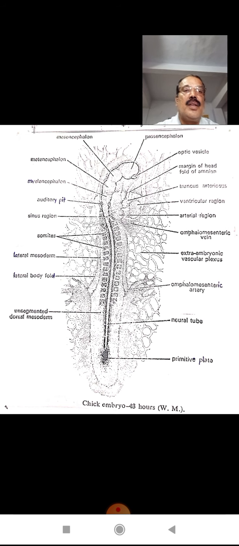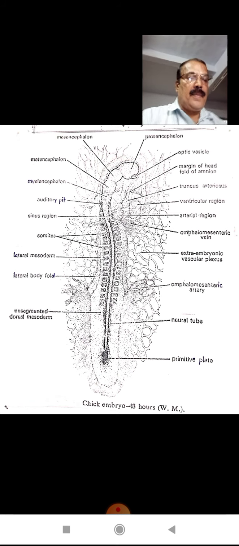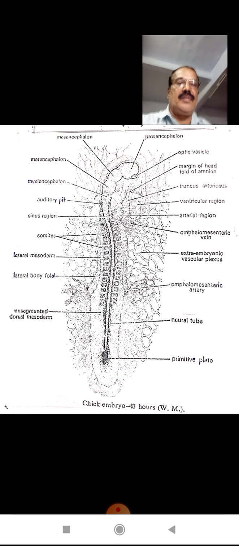These are the few important parts in the whole mount of 48 hours chick embryo.